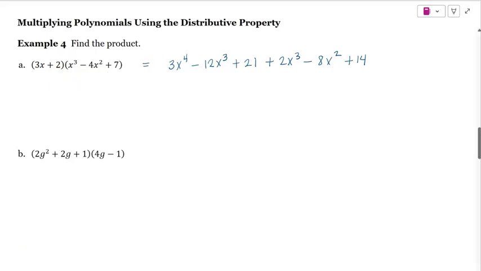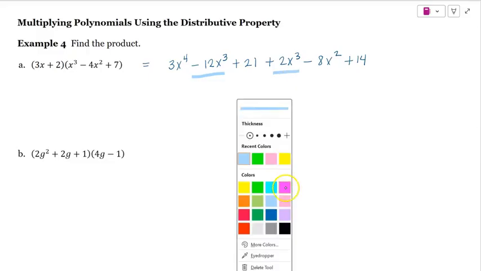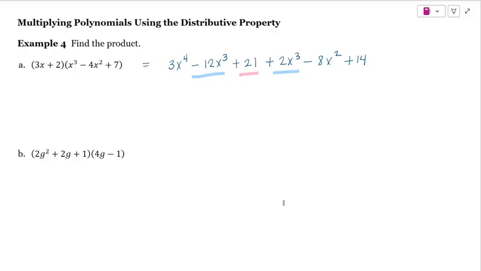For my last step, I'm going to find any terms that are alike and combine them together. It looks like we've got two terms that are cubed, and then we've got two constant terms that are together. So I think we'll have a 3x to the fourth.